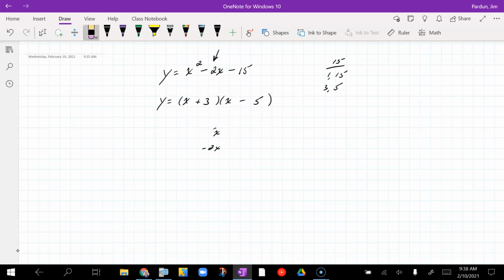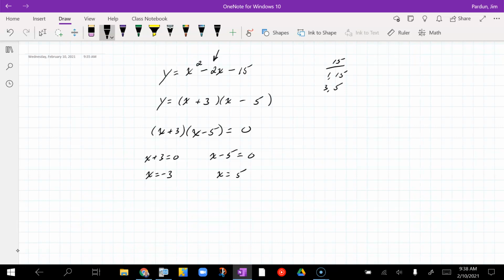Now, to graph this, let's take advantage of the fact that if I set x plus 3 times x minus 5 equal to 0, that means that x plus 3 must equal 0 or x minus 5 must equal 0. So x in this case is going to be negative 3 and x is going to be positive 5.